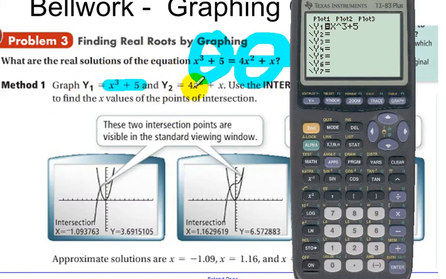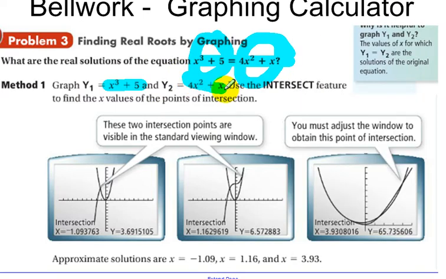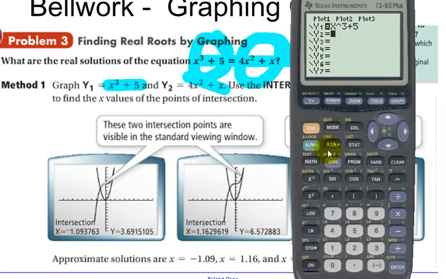And our second one is 4x squared plus x. So let's type that in. 4x squared, so I'm going to do the caret 2, 4x squared plus x. Now I'm going to press enter. I've got both equations entered.